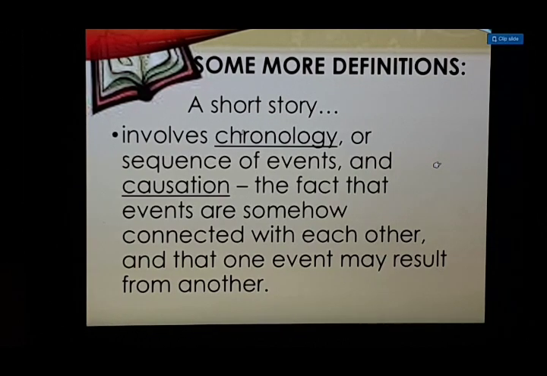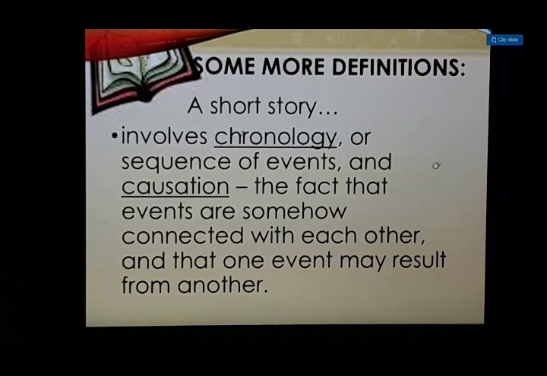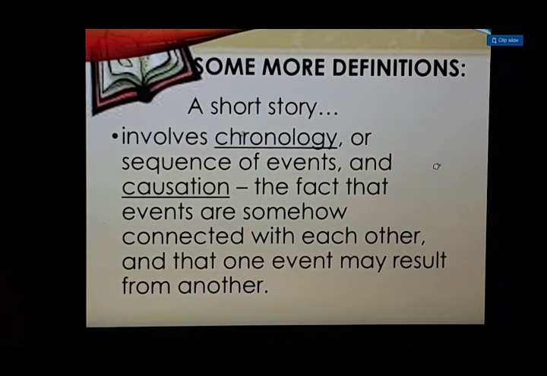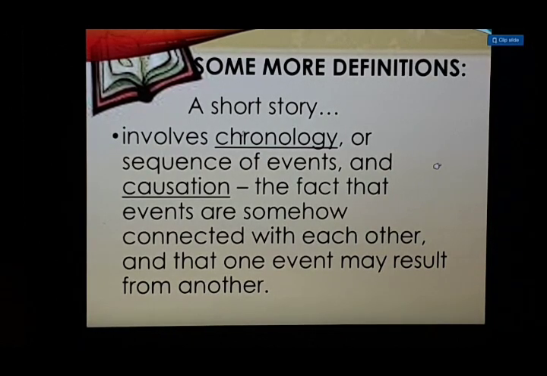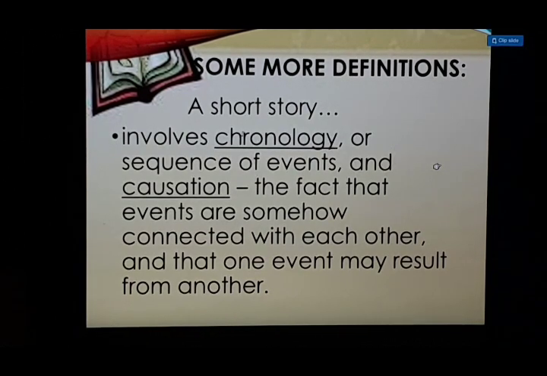So causation is the fact that events are somehow connected with each other, and that one event may result from another. For example, the thirsty crow goes in search of water, then he looks here and there, finally he settles on a tree and looks down, he finds a jug, but there is very little water in it.